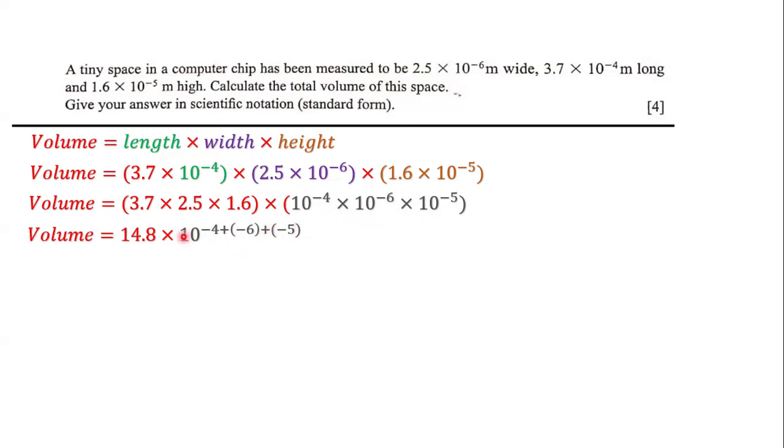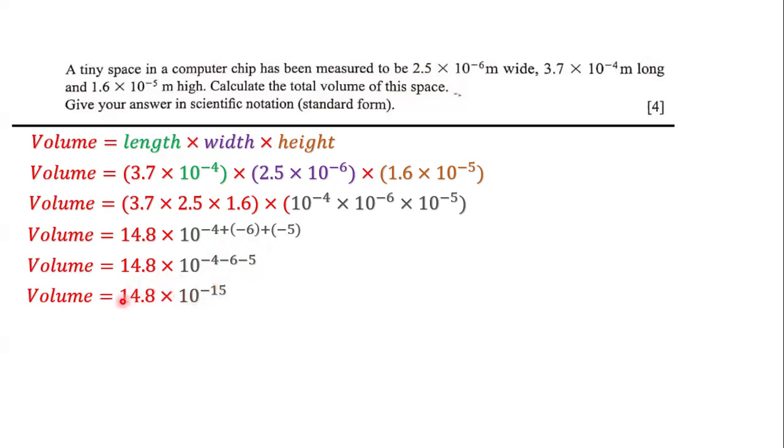Our volume is 14.8 times 10 to the power of negative 4 plus negative 6 plus negative 5, and negative 4 minus 6 minus 5 is equal to negative 15. So we have 14.8 multiplied by 10 to the power of negative 15.